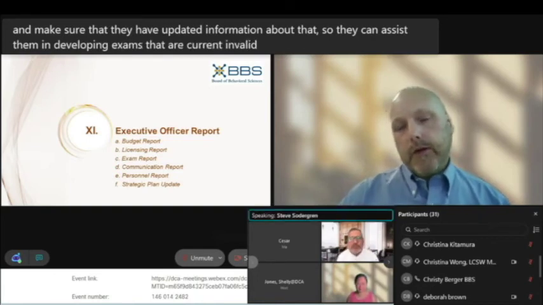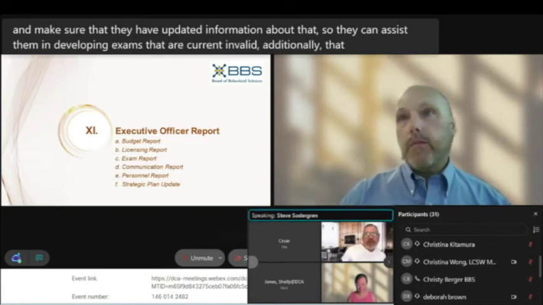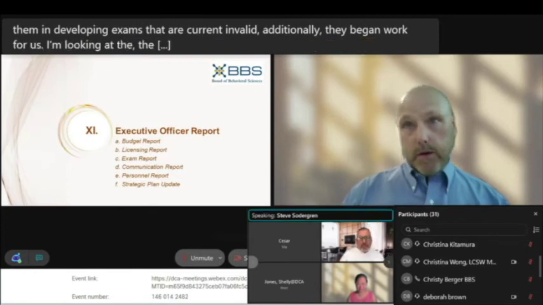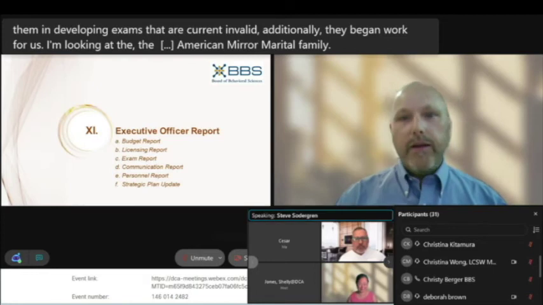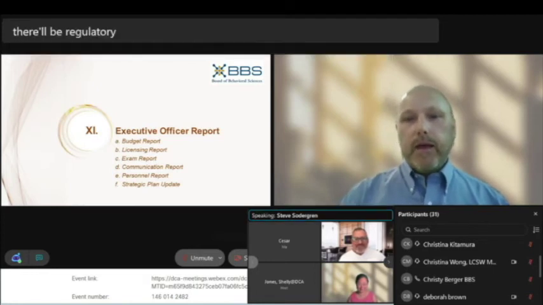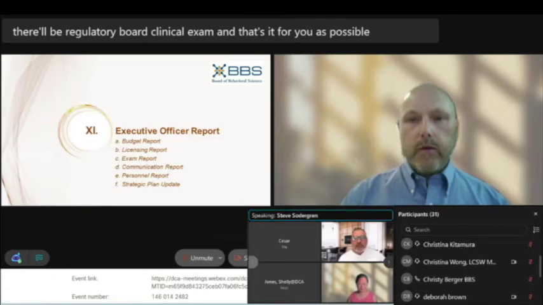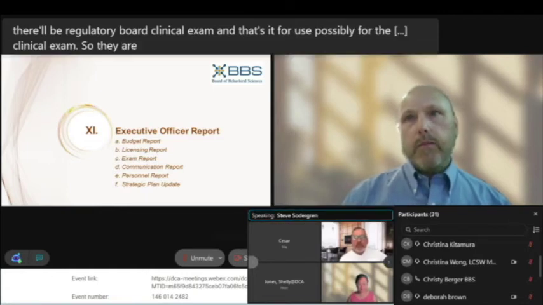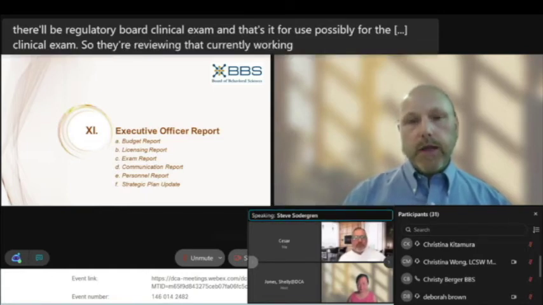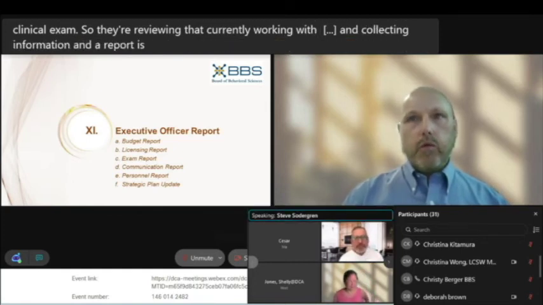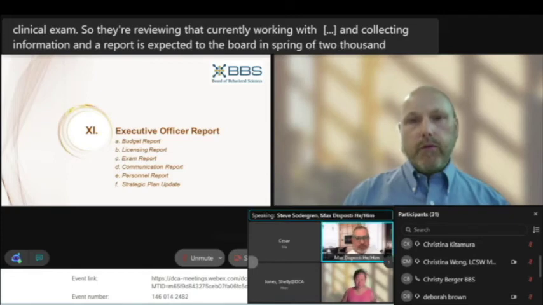Additionally, they've begun work for us on looking at the AMFTRB, the American Marital Family Therapy Regulatory Board clinical exam, possibly for use as the LMFT clinical exam. They're reviewing that, currently working with AMFTRB and collecting information, and a report is expected to the board in spring of 2022, so we can review that and see where we want to go.